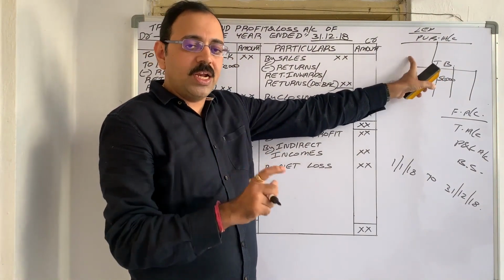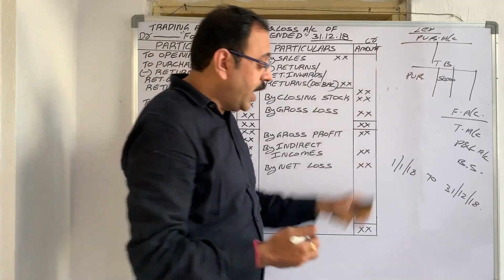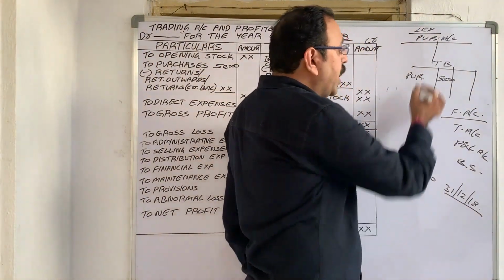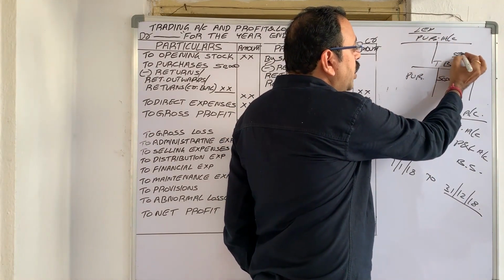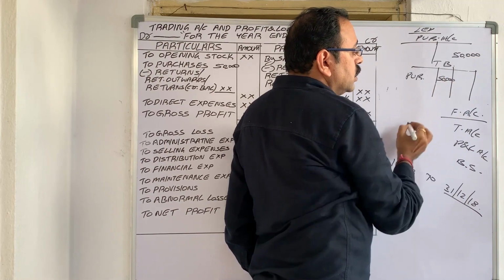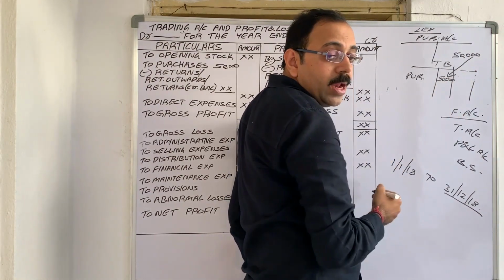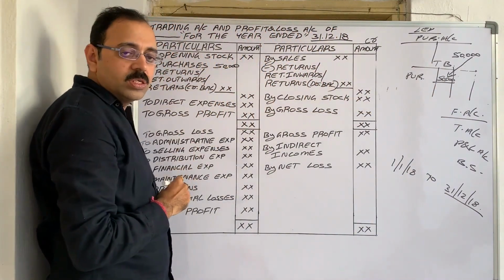Cash purchases, credit purchases, everything we wrote in this account. And at the end of the accounting period, how much is the balancing figure in the purchase account? 50,000 rupees. That 50,000 we take to the trial balance, and from there it goes to the final accounts.